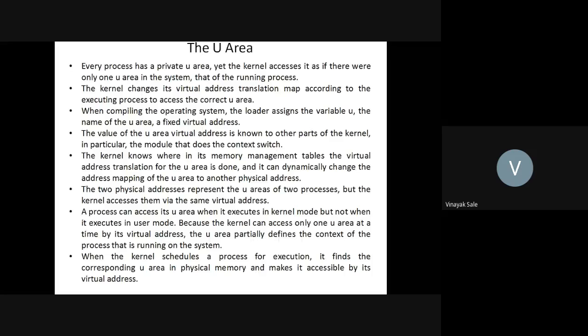But whenever the process executes in kernel mode, then it can access its user area, because the kernel can access only one user area at a time by its virtual address, and the user area particularly defines the context of a process that is running on the system.